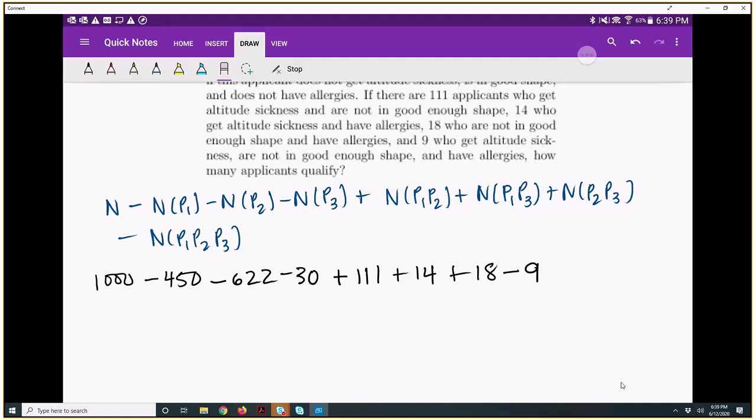We have 1,000 minus 450 is 550, minus 622, so negative 72, minus 30 is minus 102, plus 111 gives us 9, plus 14 is 23, plus 18 is 41, minus 9 is 32. So out of 1,000 applicants, 32 will qualify.